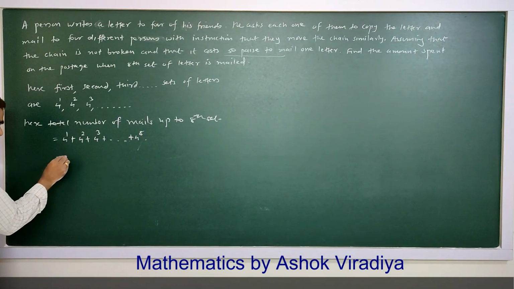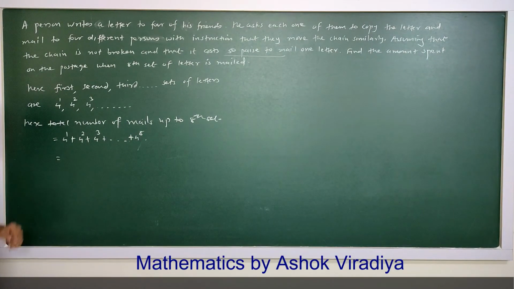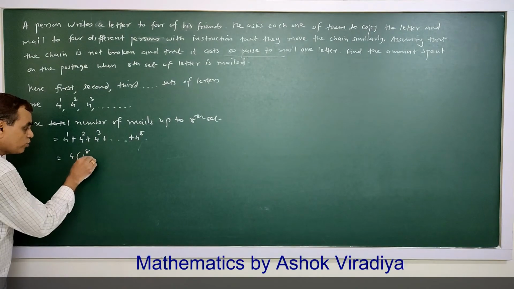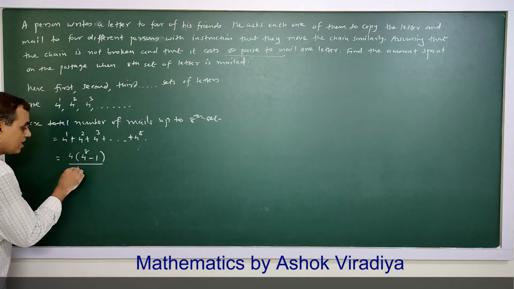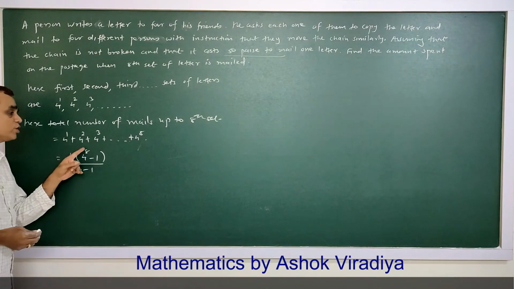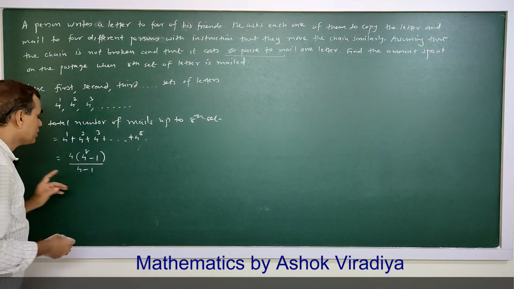This is a GP. The first term is 4. The common ratio is also 4. Number of terms is 8. So using the formula a into r raised to n minus 1 upon r minus 1.